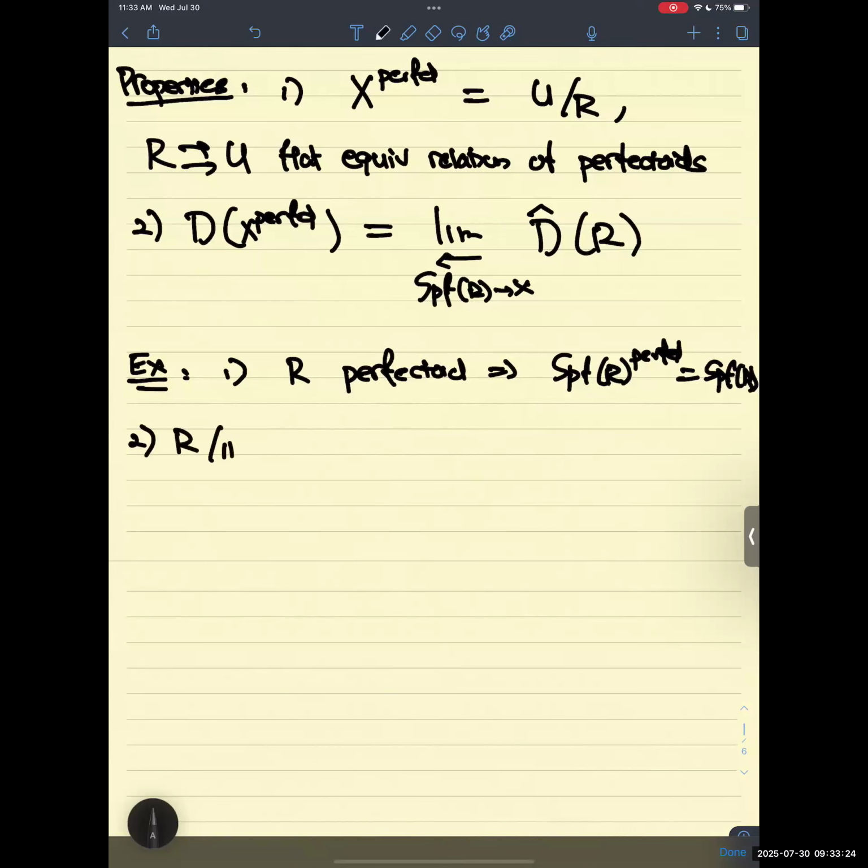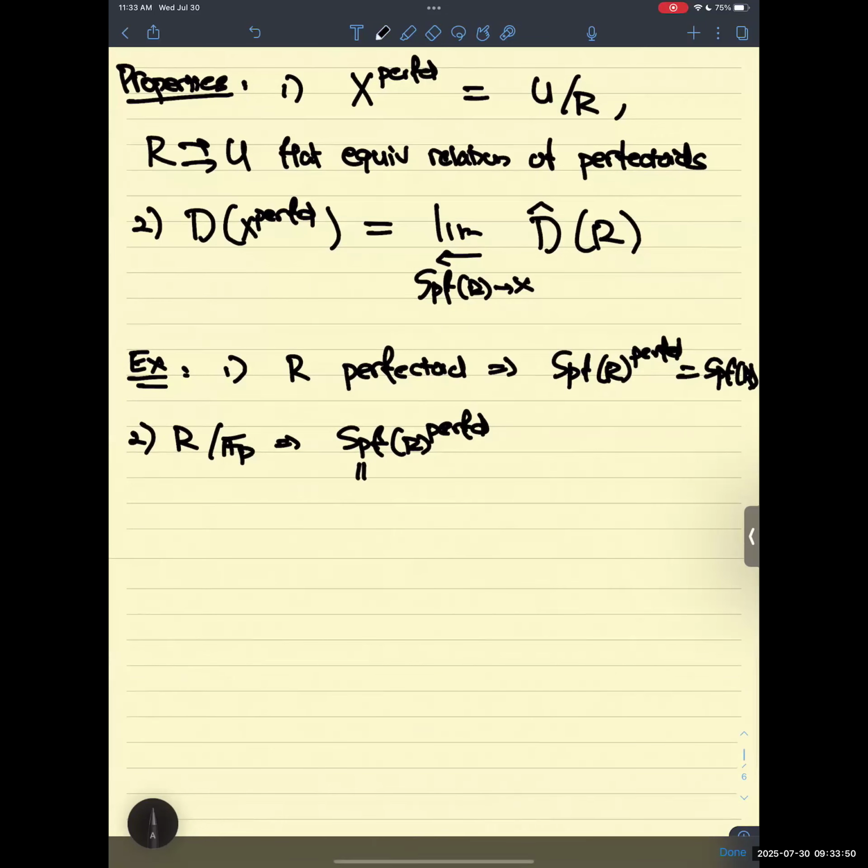Second, if R is an F_p-algebra, then this perfectoidization is something you might have encountered before if you studied characteristic p algebraic geometry, which is the inverse limit along the Frobenius of Spf R. So it's the inverse limit perfection of Spec R as a scheme, or equivalently the direct limit perfection of R as a ring.